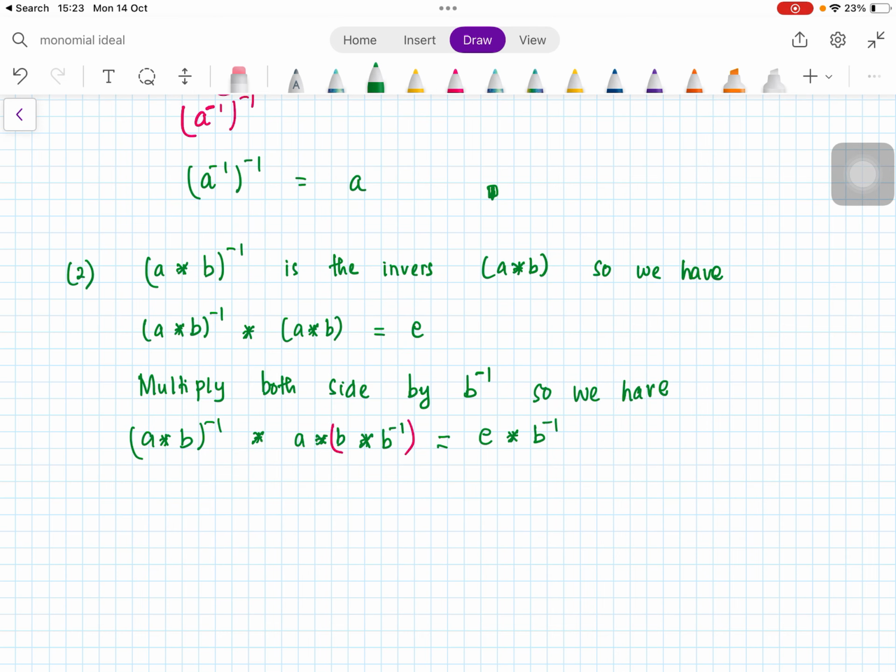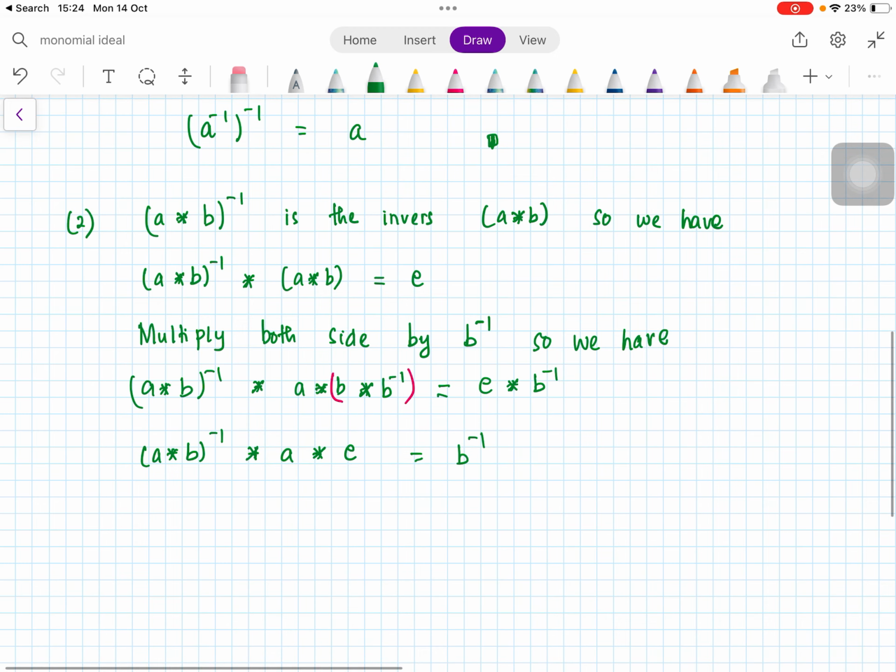Here B times B inverse becomes E, so E times B inverse becomes B inverse, and then we have A times B inverse times A equal to B inverse, because A times E is equal to A.